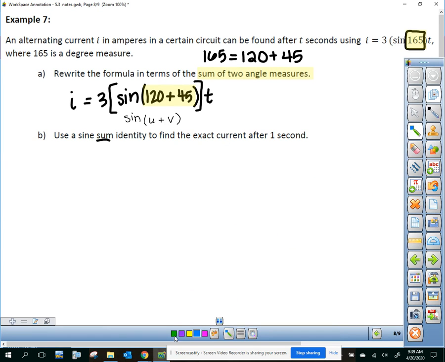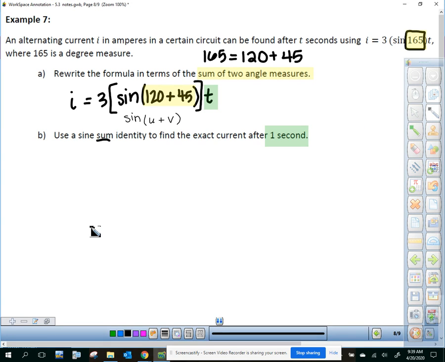Well, the time is going to be plugged in here for t. So I'm going to plug in 1 for t, which is going to be nice because multiplying by 1 is not going to do anything, so I really don't have much to do for that portion. I've still got that 3 in front. Now I'm going to expand using my sine sum identity.